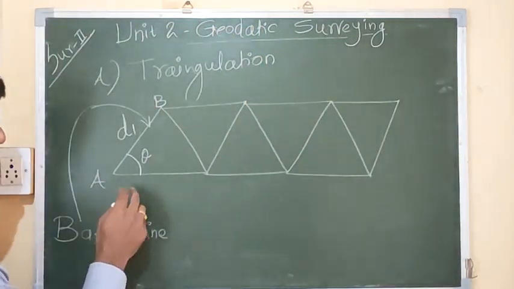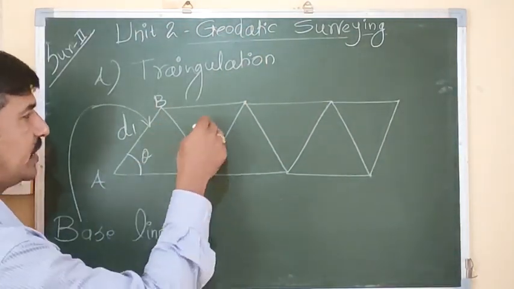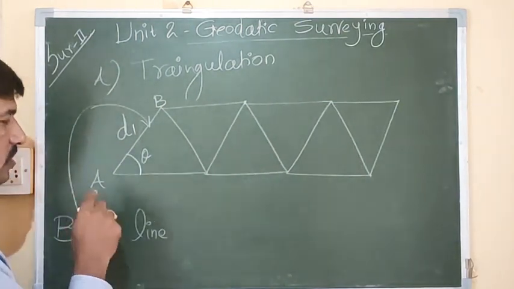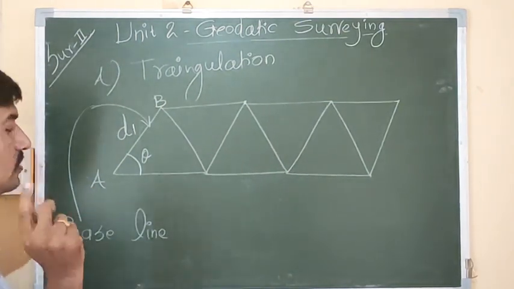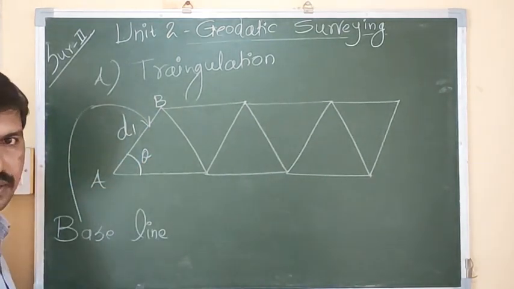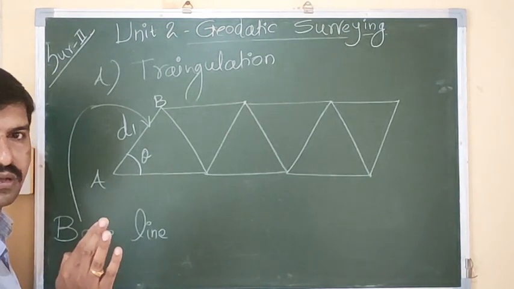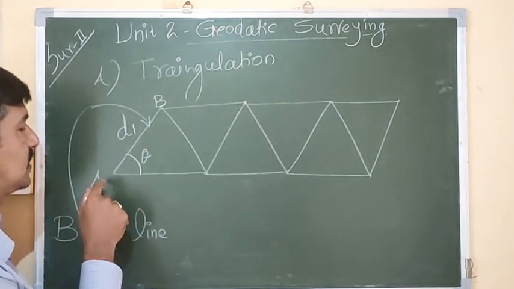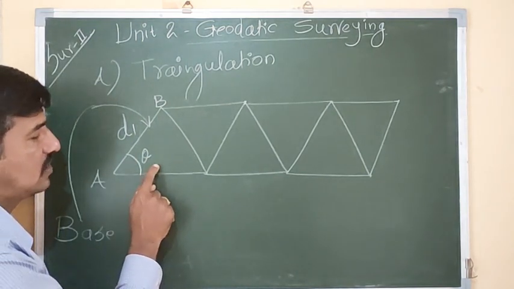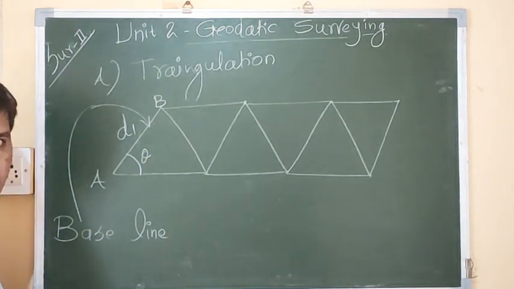And we go on finding out the calculation by using the sine rule. What do we have to do on the field? On the field, we have to measure AB and this angle. That's it. The field work is to measure distance AB, say d1, and measure the angle theta.